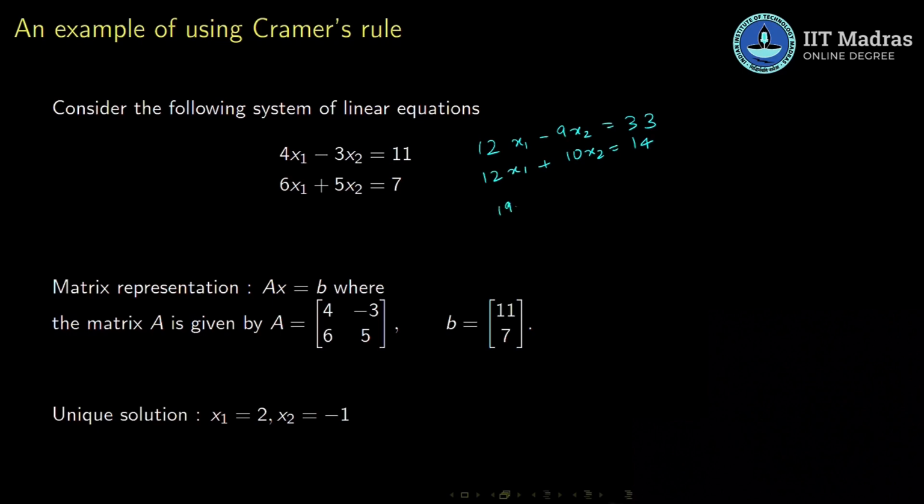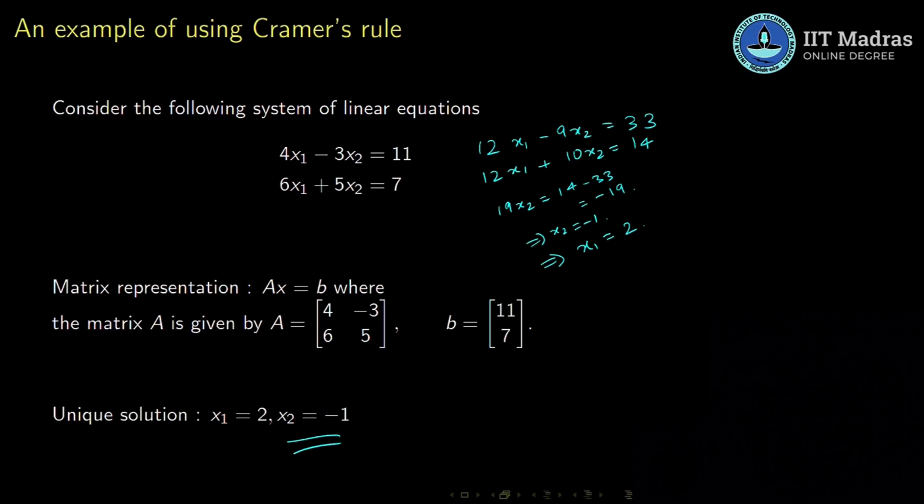In that case we get 19x2 is, so what should we get? 14 minus 33, so that is minus 19. So, x2 is minus 1, and then we can substitute it in one of these equations and get that x1 is 2. So, we can easily check that this is the unique solution.